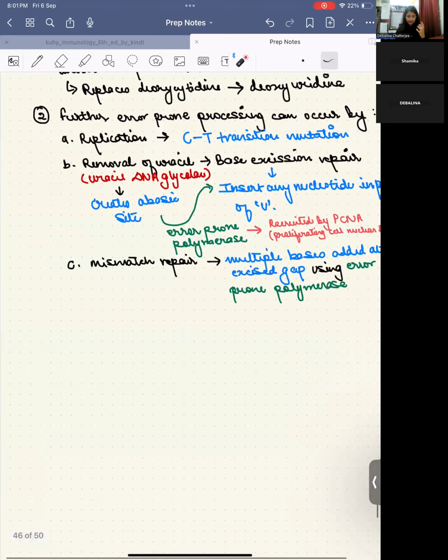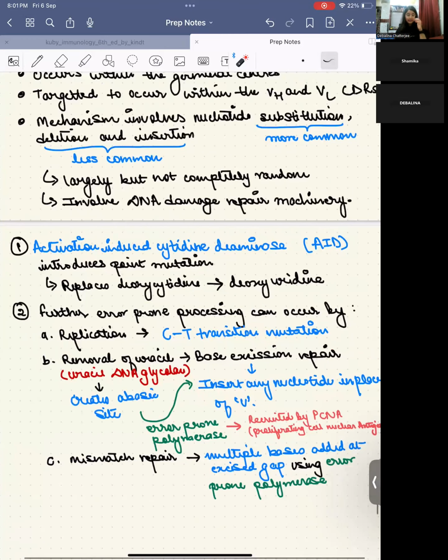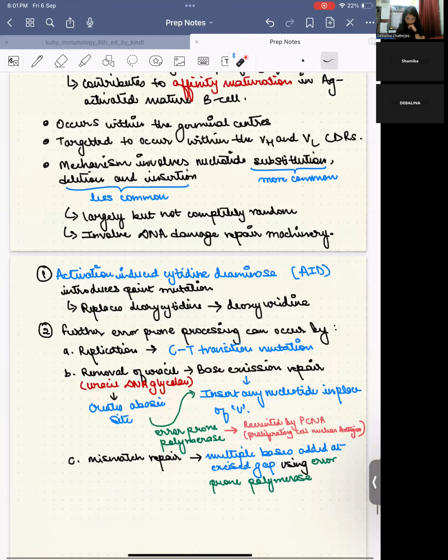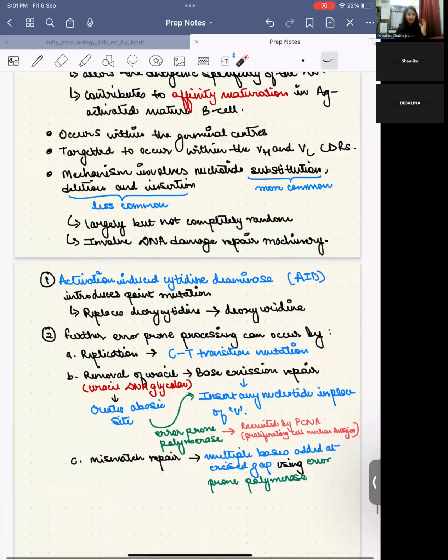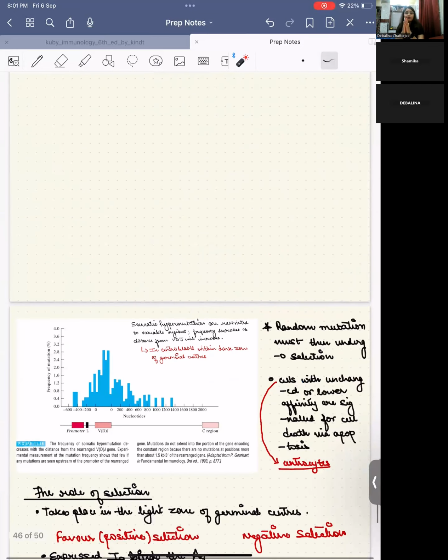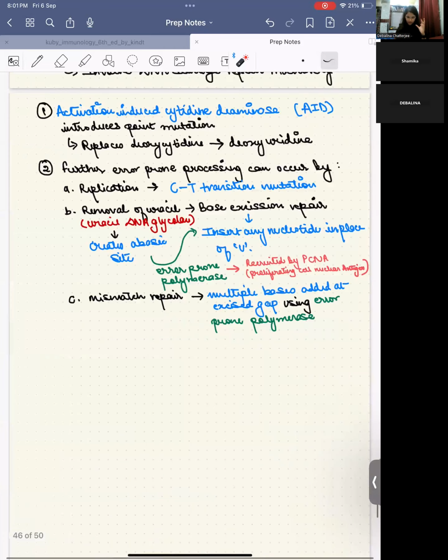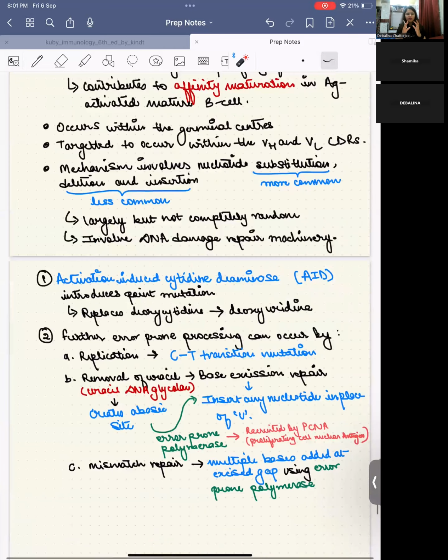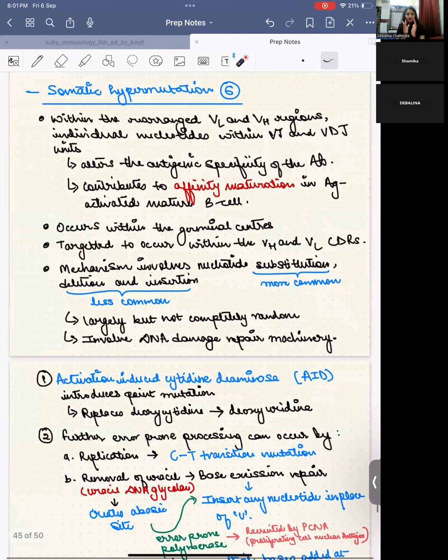It is happening inside the germinal center in the centroblasts. So centroblasts, if you remember, divide into centrocytes, which now have their antigen specificity fixed, right?